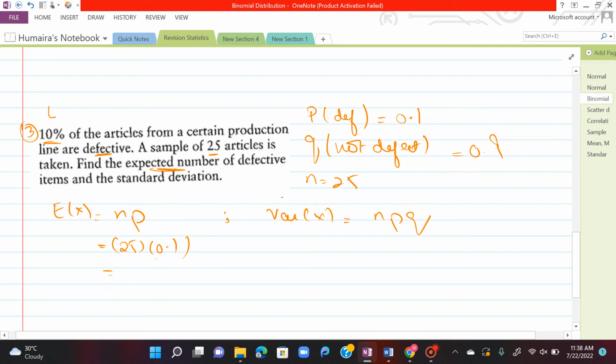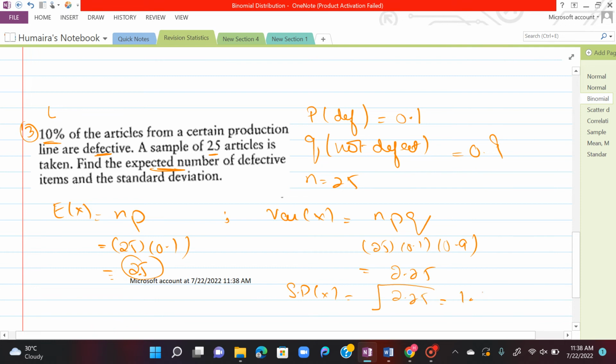So this is 2.5, and over here it's going to be 25 into 0.1 into 0.9. Simplify it, you have 2.25, and since I need to find the standard deviation, just take the square root of 2.25, this will give you 1.5.